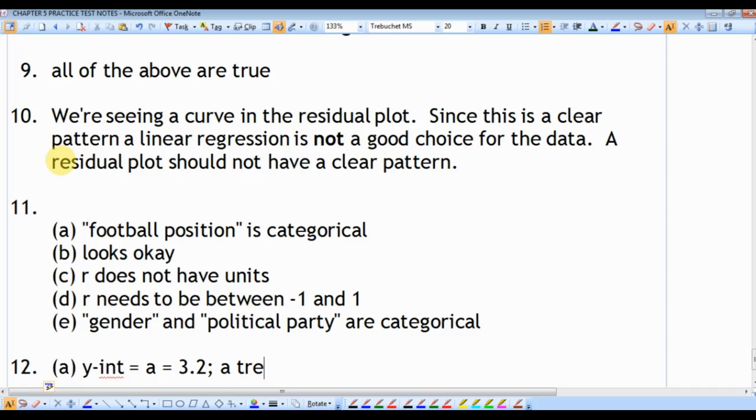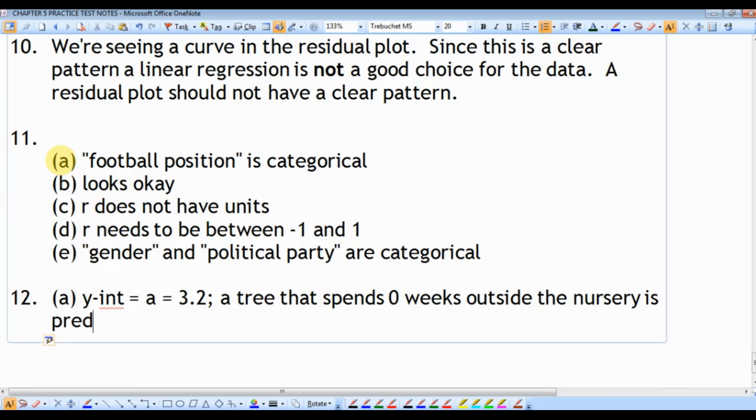A tree that spends 0 weeks outside the nursery is predicted to have a height of 3.2 inches. What's the point of that? The second one? You're supposed to interpret the value. That's the interpretation.